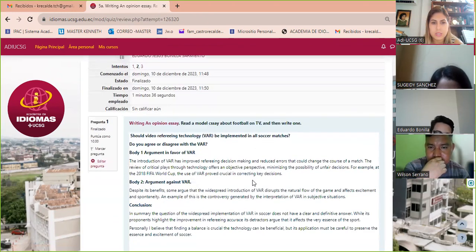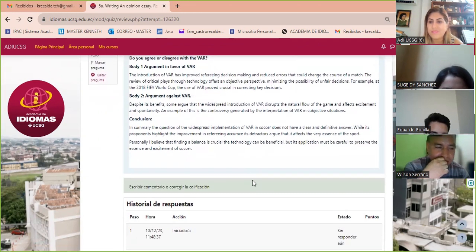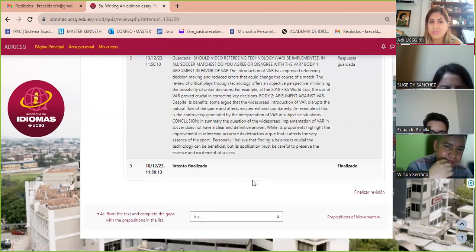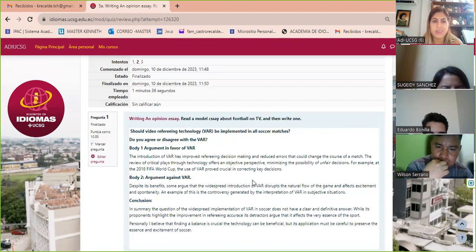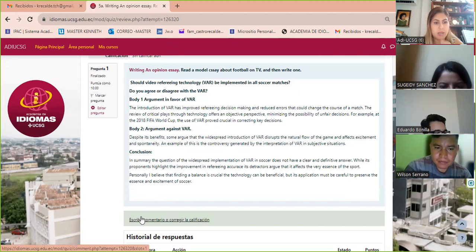Me sale otra vez del bar. Es el tercer intento. I don't know where you can check that. Este no es. Déjeme ver el otro. Ya, este no es.